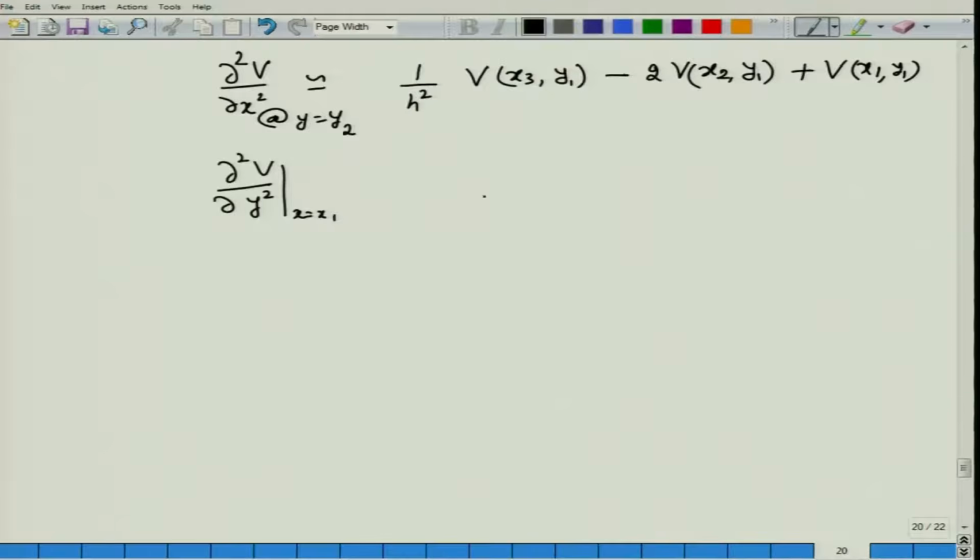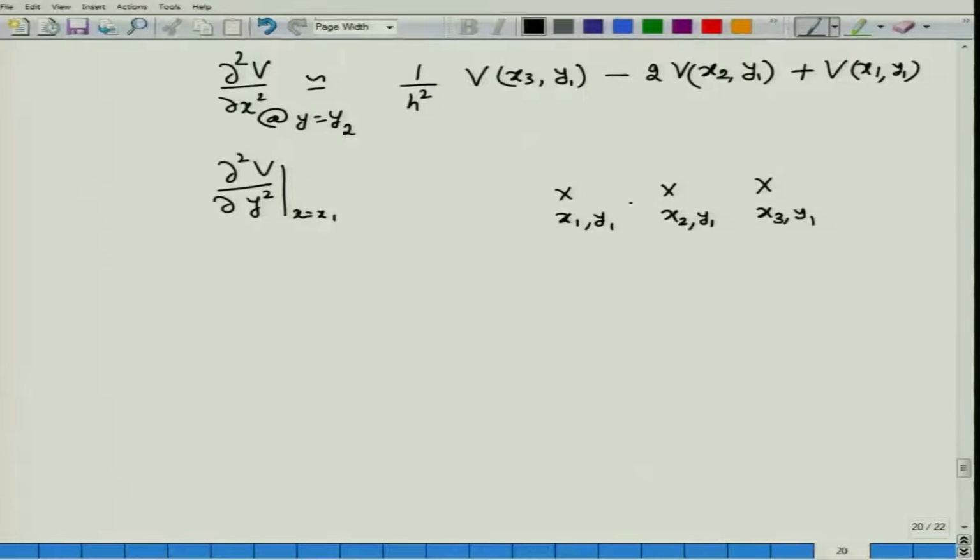Going back and isolating only the points we have looked at, there is a point at x1 y1, and then x2 and x3. So we will call these x1 y1, x2 y1, and x3 y1. We look at only the points required for writing del square v by del x square, evaluating at the center point.